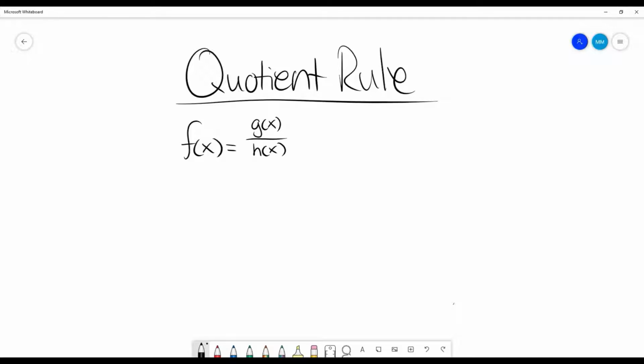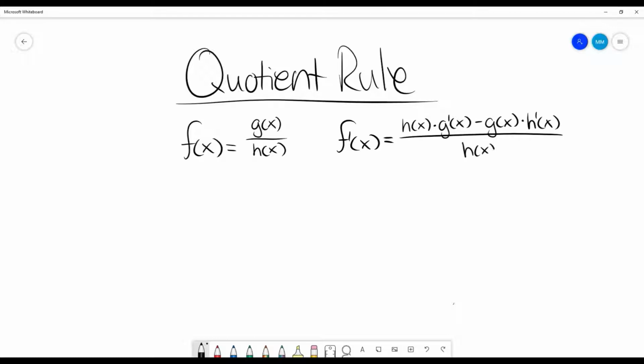Well, our quotient rule tells us that the derivative of the whole thing is going to be this bottom term times the derivative of our top term minus our top term times the derivative of our bottom term, all over the bottom term squared, or times itself, right?